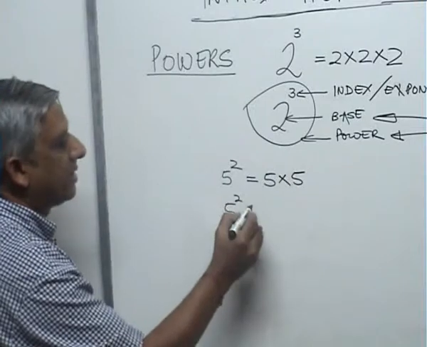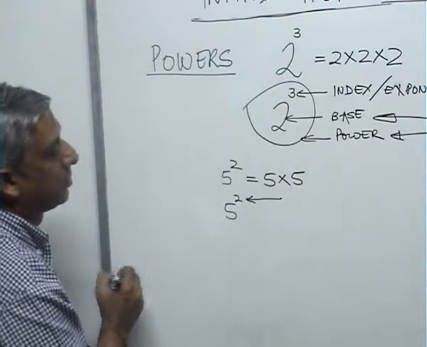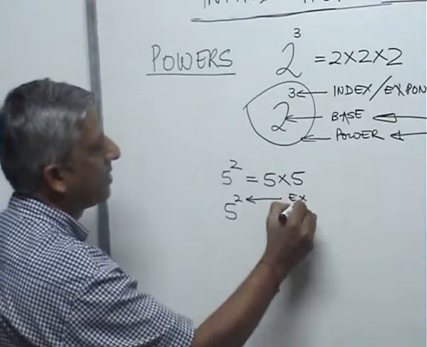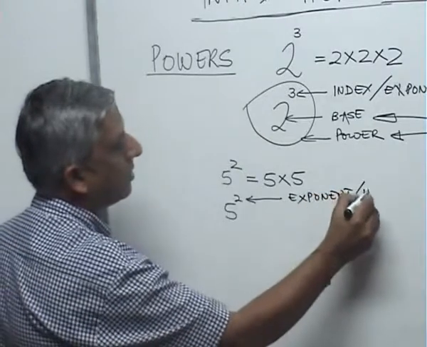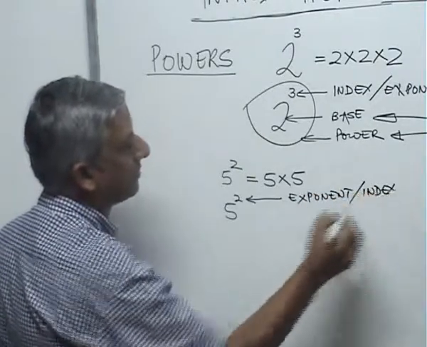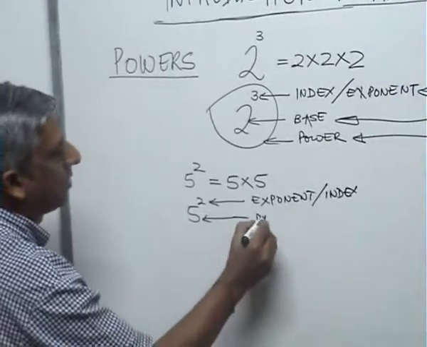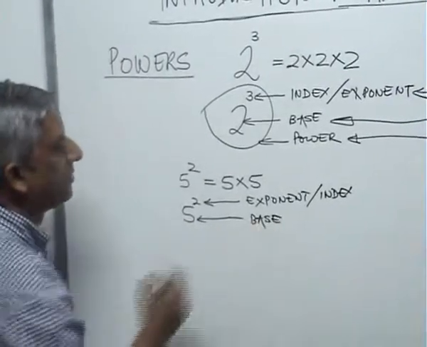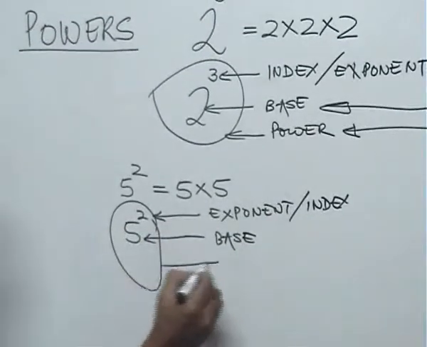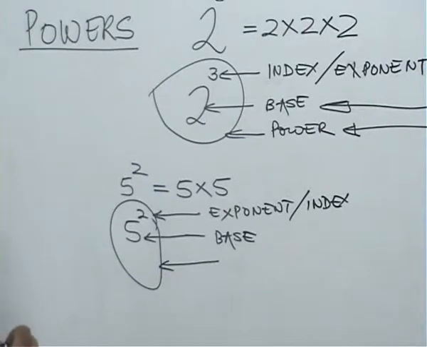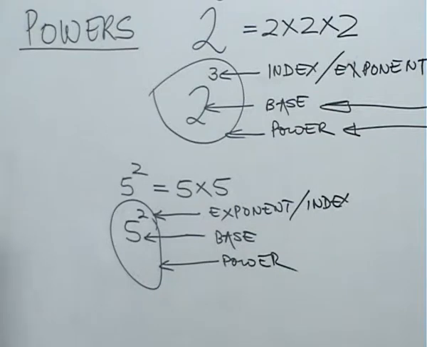Secondly, we must be able to label it, and therefore the 2 will be labeled exponent or index, and the 5 is called the base, and the whole thing is called, good, if you were thinking of the word power.